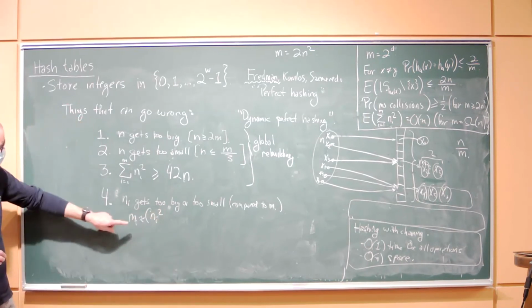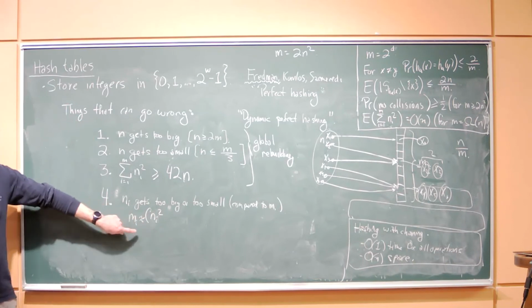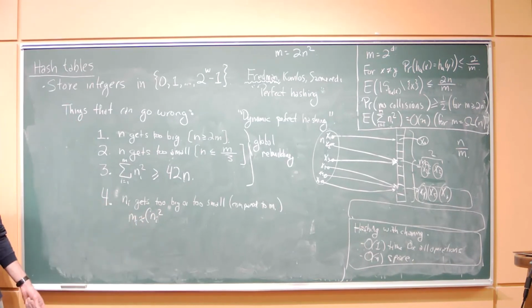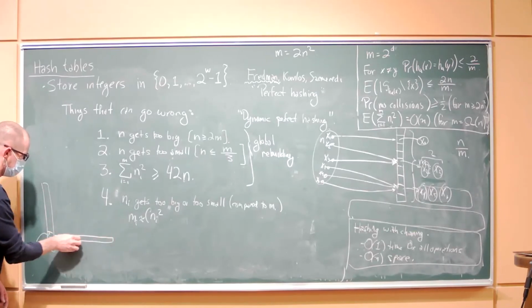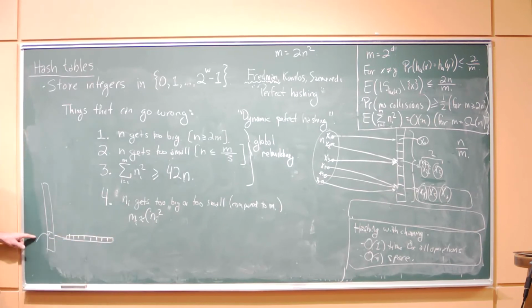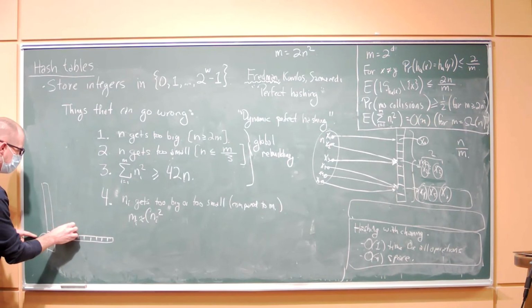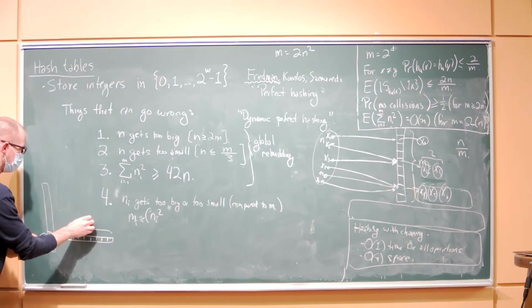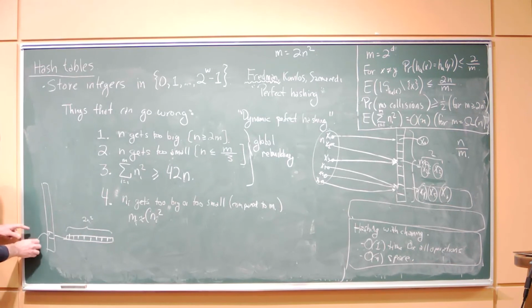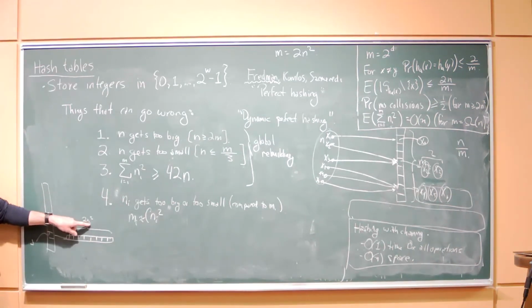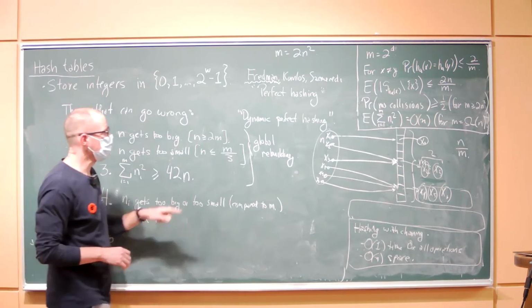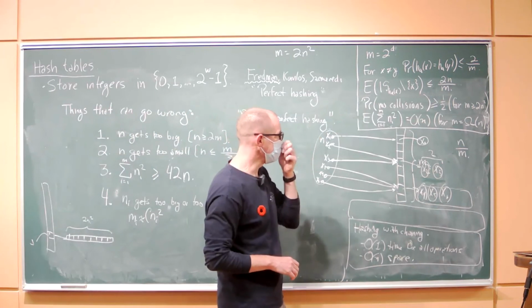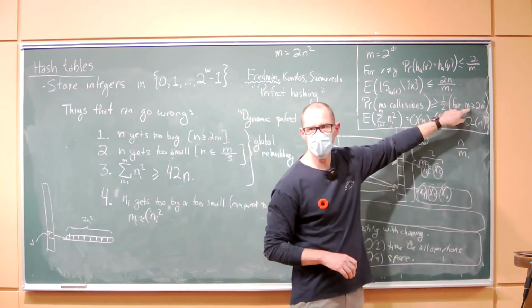So mi and ni squared should be about the same thing. It can be that I start adding things to the table. I had this thing here that was working nicely for a while, with size maybe 2 ni squared. But now I added something that needs to go in here, and ni squared got bigger. I'm trying to put too many things in this table, so this bound, this probability of no collisions, isn't guaranteed anymore because I'm not satisfying this requirement.